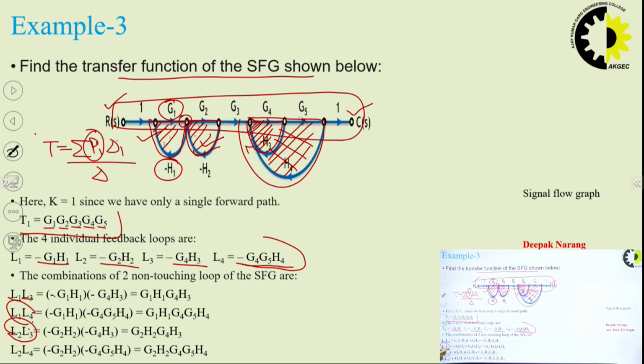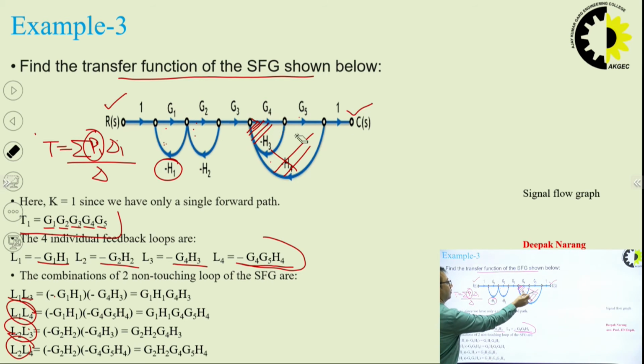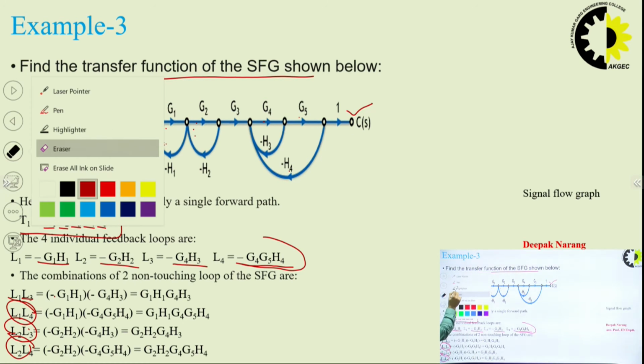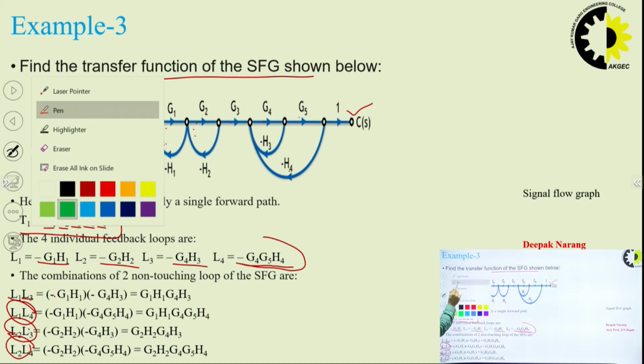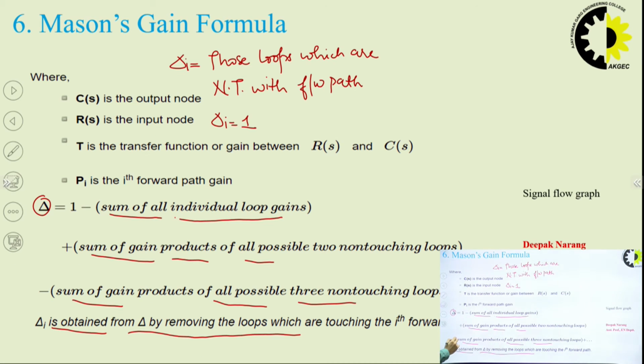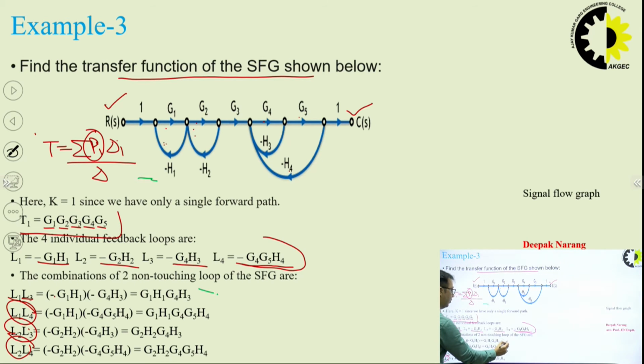So we have obtained basically 4 combinations of non-touching loops here: this with this as well as this, and this with this as well as with this.